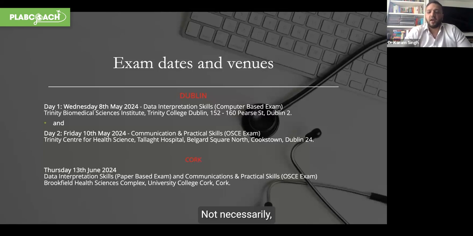Not necessarily, but I'm just saying from previous experience, Cork has been a relatively straightforward exam, whereas Dublin, and this is not to discourage those that are doing the Dublin exam, but Dublin, particularly from an OSCE perspective, has been a little bit more trickier in the past, okay? And when I say trickier, I mean the stations in which they test in your OSCE exam.